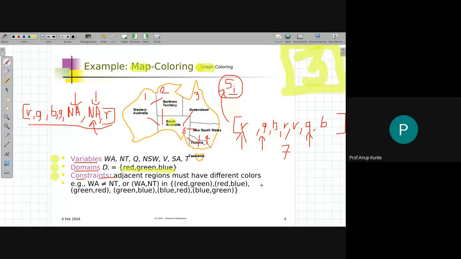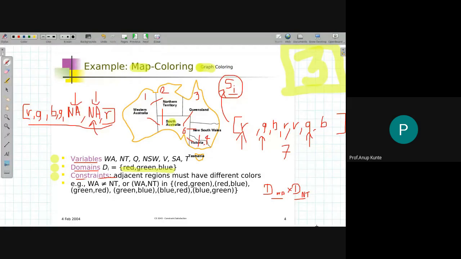So what we have done over here is a cross product of the domain of Western Australia against the domain of the NT region. A bit of mathematics, I have to give you that dose. So domain of WA cross domain of NT. RGB, RGB, three values in both places. So I just do a cross product of this. I'll get tuples, and I will remove all the tuples which have the same color value.